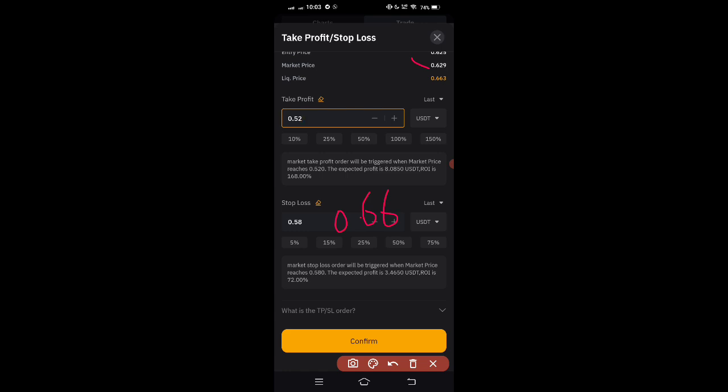Now, when the market moves and I've seen it in profit, and the profit has now gone to 0.58, for me to leave this stop loss at 0.66, which will be negative, I will quickly move my stop loss from 0.66 back to 0.58.